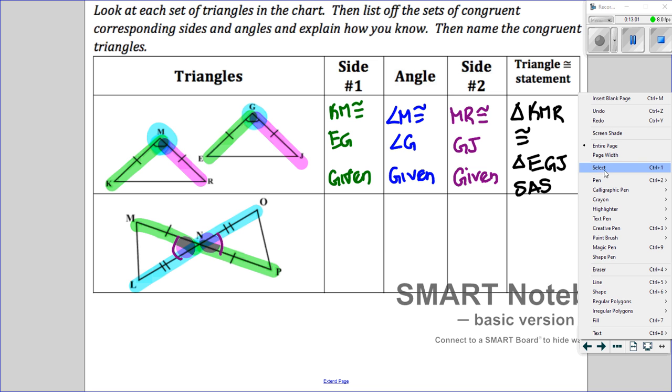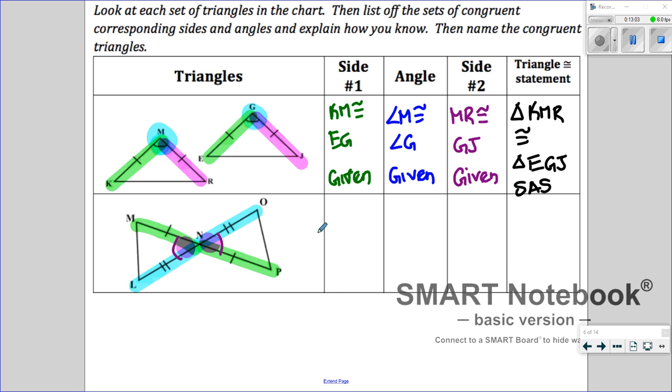Alright, so now we can write our congruency statements. The first side, we have MN congruent to PN because it's given, because of the mark.